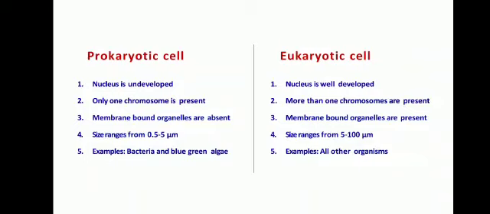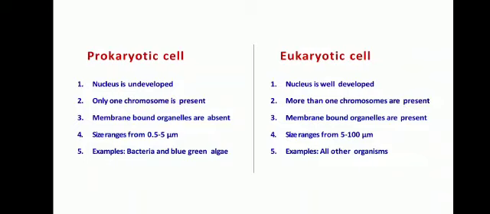These are the major differences between the prokaryotic cell and the eukaryotic cell. First, in a prokaryotic cell the nucleus is underdeveloped, and in a eukaryotic cell the nucleus is well developed. Then only one chromosome is present in the prokaryotic cell, but in a eukaryotic cell more than one chromosome is present. In eukaryotic cells, membrane bound organelles are present.